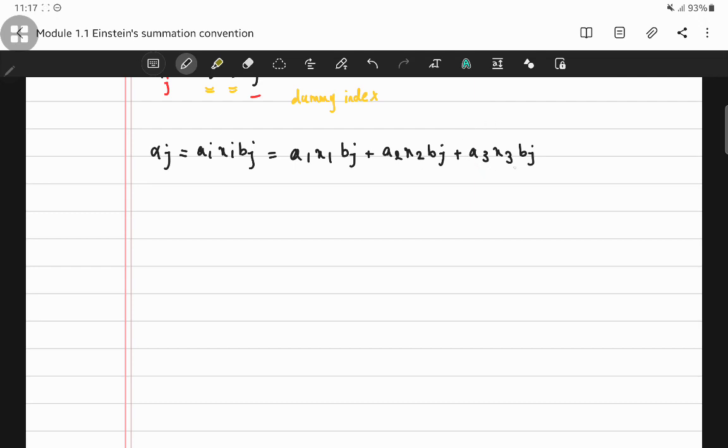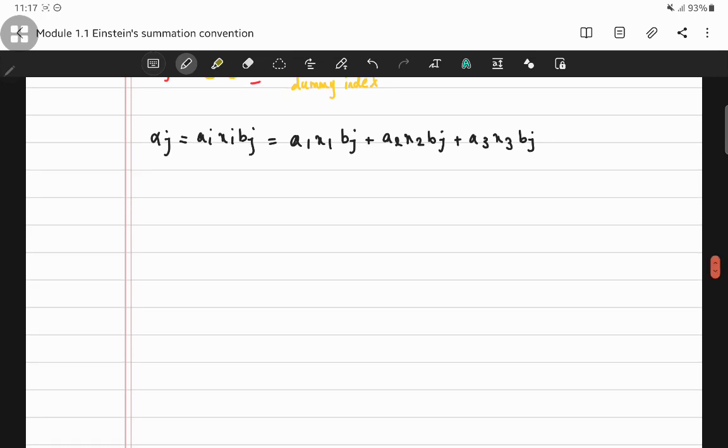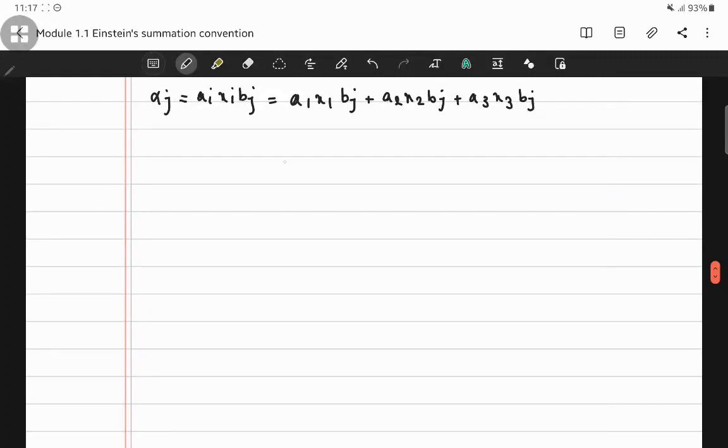But what about this j here? It is a free index. How can we write this? Then you have to break the expression into different expressions. This alpha is equal to alpha 1, alpha 2, and alpha 3, because we are changing j from 1 to 3.